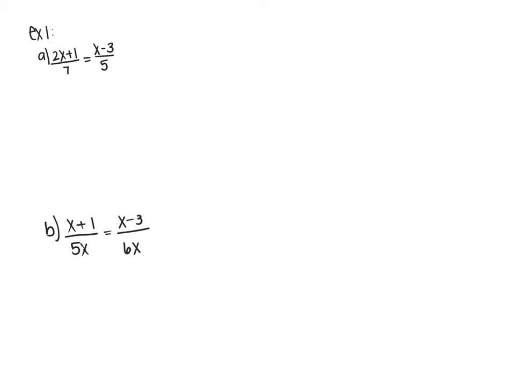So the first example we have is two fractions set equal. So these are actually what we call proportions. We have this property, it's called the cross product property, that says if A over B equals C over D, then AD equals CB.